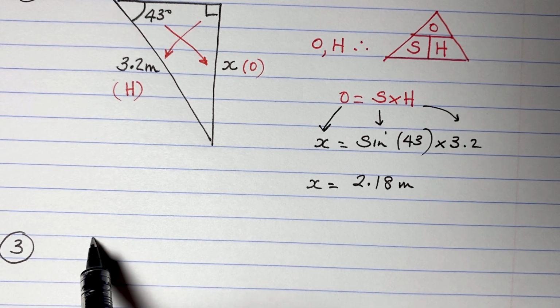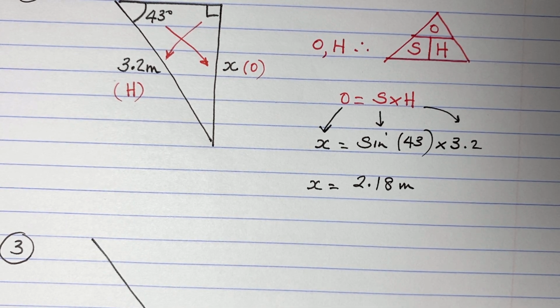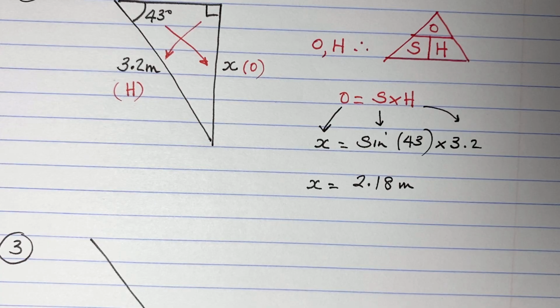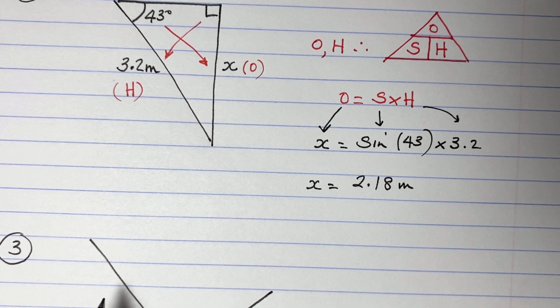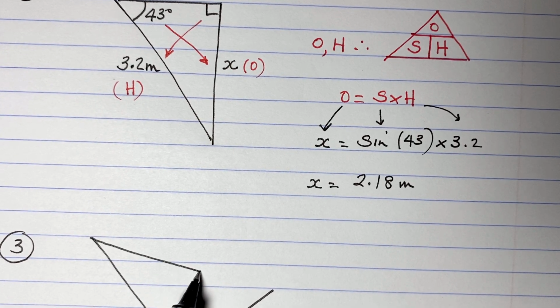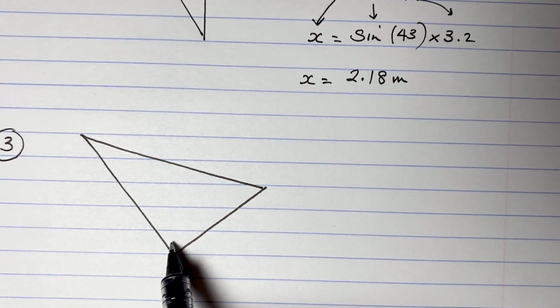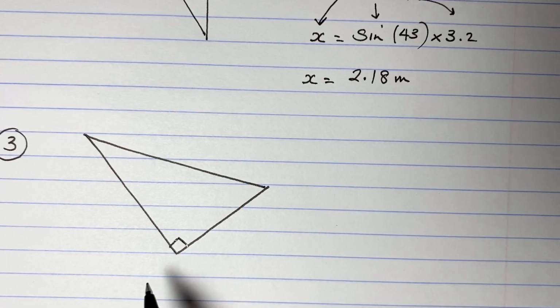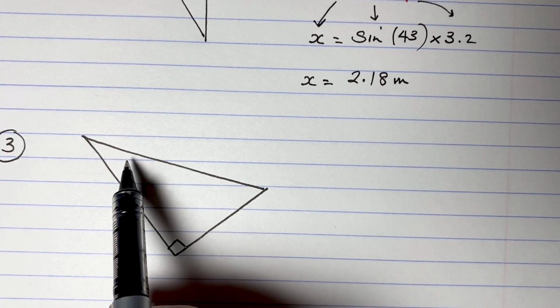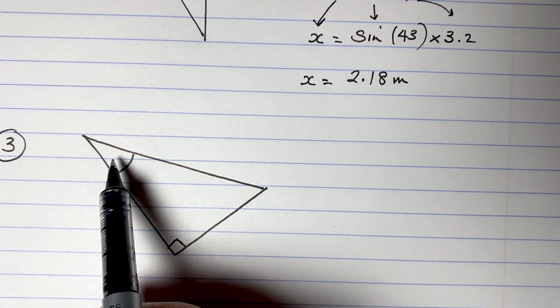So let me again change the orientation of the triangle. Got 90 degrees here, and I'm trying to find this angle here, the size of the angle.